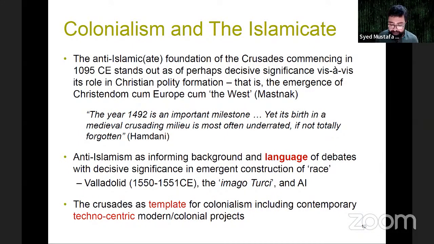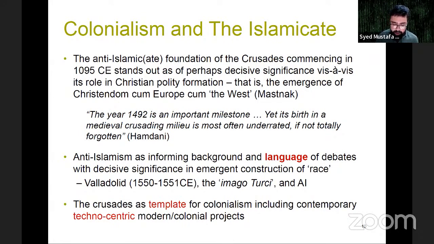As Abbas Hamdani stated in 1979, and I quote, "The year 1492 is an important milestone, yet its birth in a medieval crusading milieu is most often underrated, if not totally forgotten," end quote.